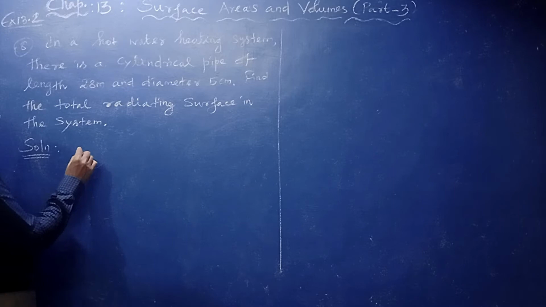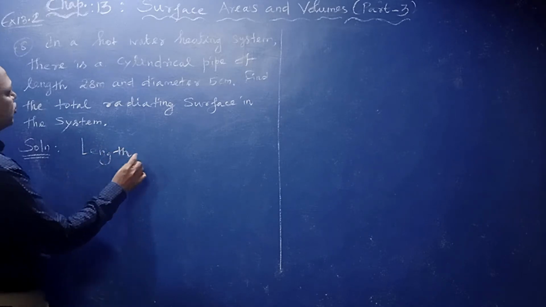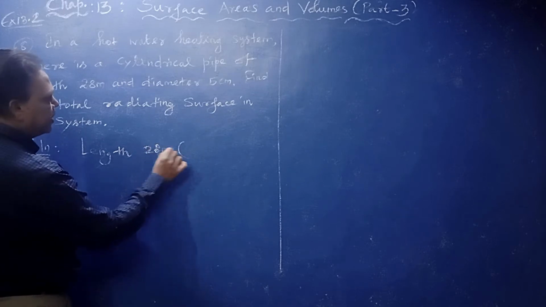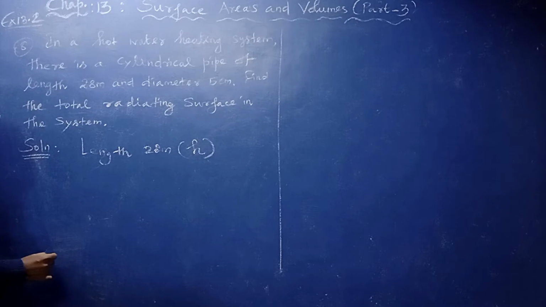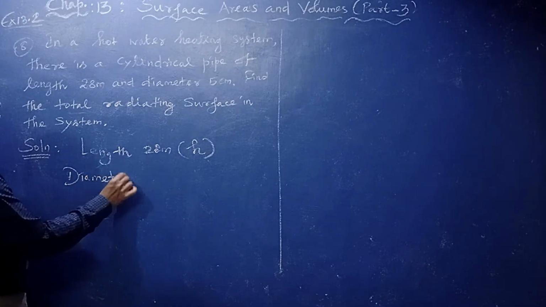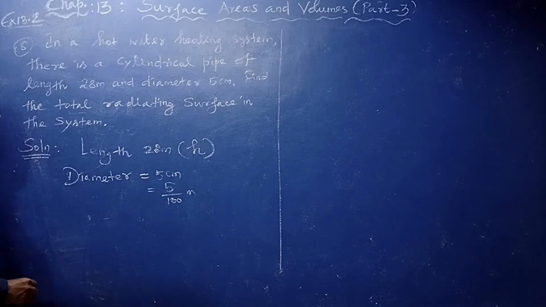Solution. The length of the system is 28 meter, so h is 28 meter. The diameter is given as 5 centimeter, therefore 5 by 100 meter.